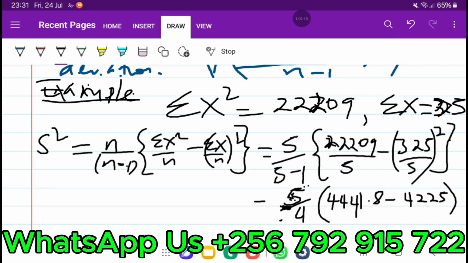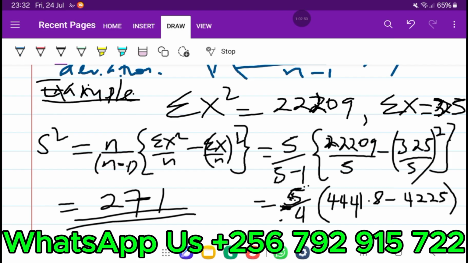So once you subtract, inside there you get 216.8. Now this one times 5, then divide by 4. That gives you 271.